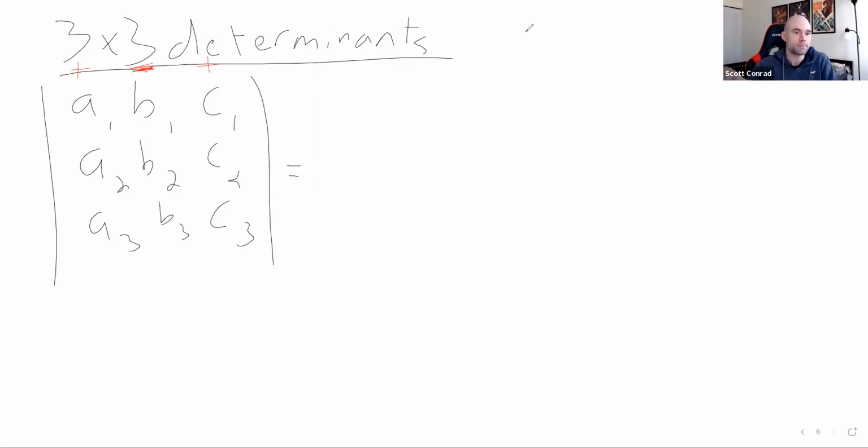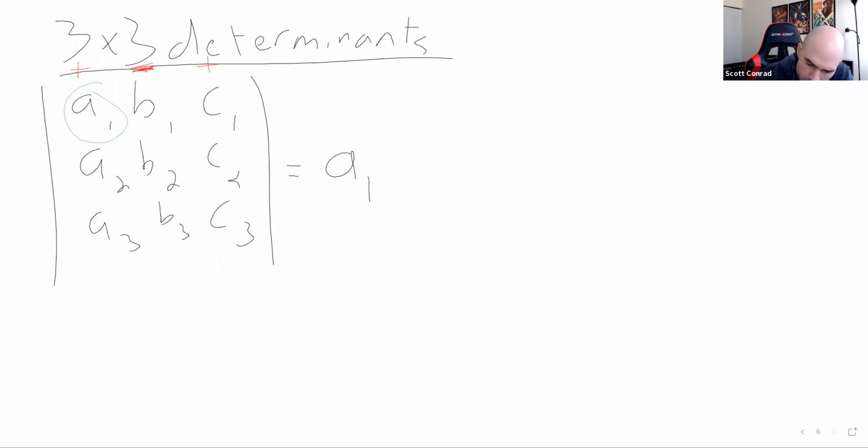We're going to do this in 3 pieces. You go along the top row, A1, B1, C1. You start with the first entry, A1, and write that down. Then you cross out the row and column containing A1.